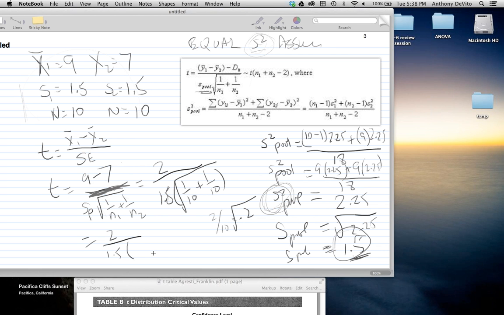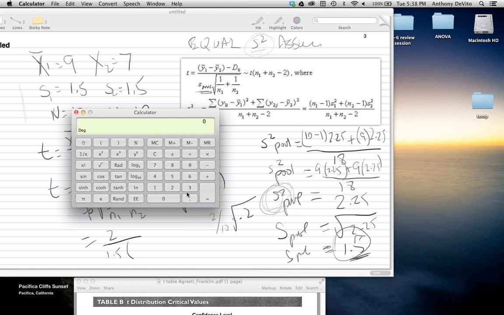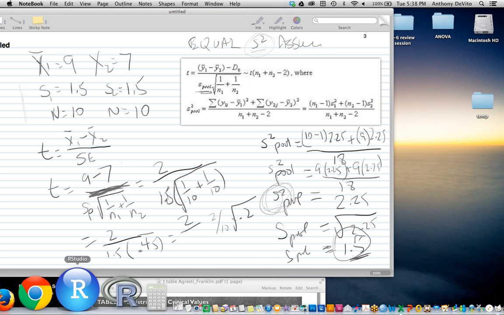Oh, that doesn't seem right, does it? That's wrong. Try that again. Okay, take the square root of 0.2, it's 0.45. It always helps to keep an eye on what you're actually doing. Okay, so my t-score in this case is going to be 2 divided by 1.5 times 0.45.